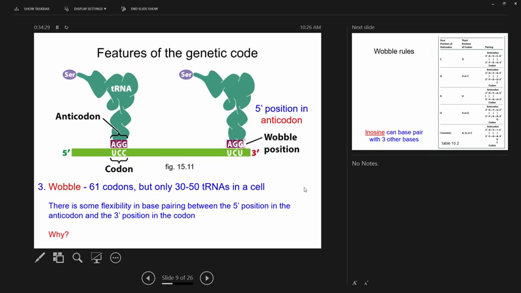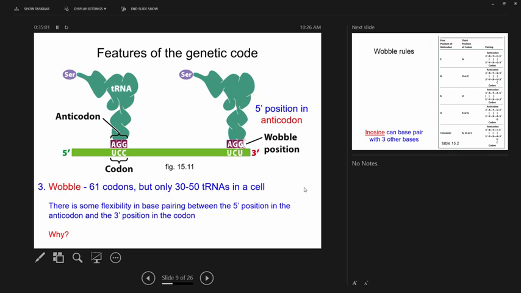A binds with U just like it does with T in DNA. But at the 3' position in the codon and the 5' position in the anticodon, you can have this wobble effect. There's some flexibility there. That allows cells to make fewer transfer RNAs, and therefore it's easier for them to grow.